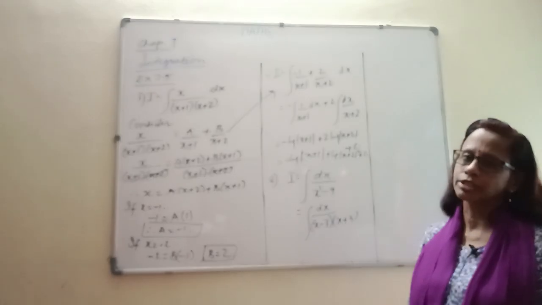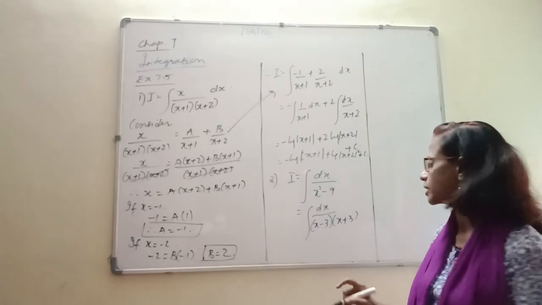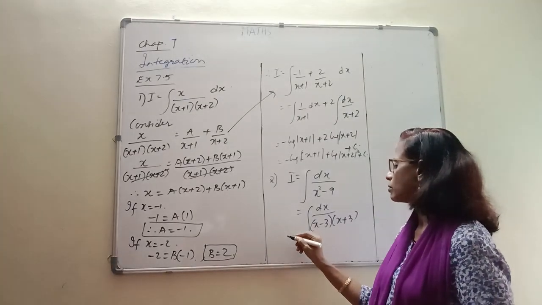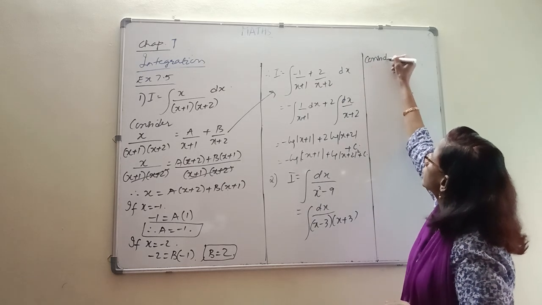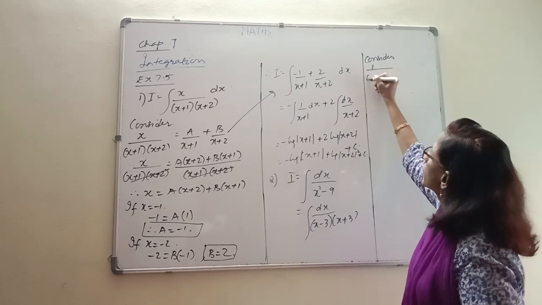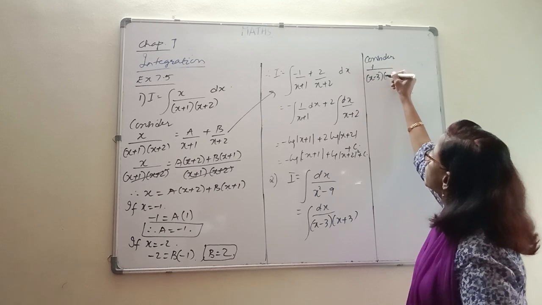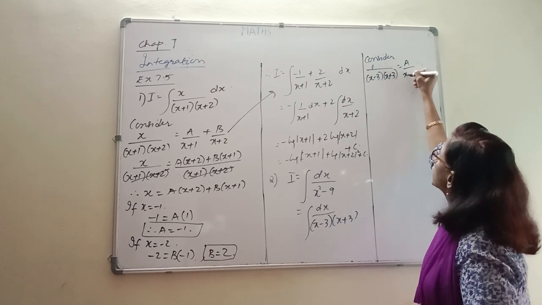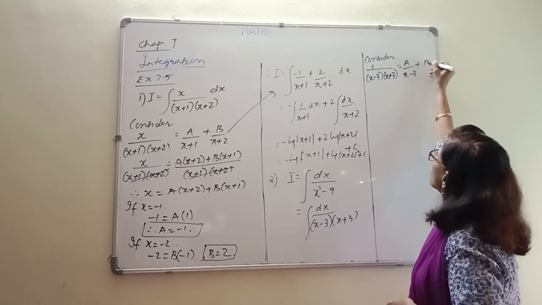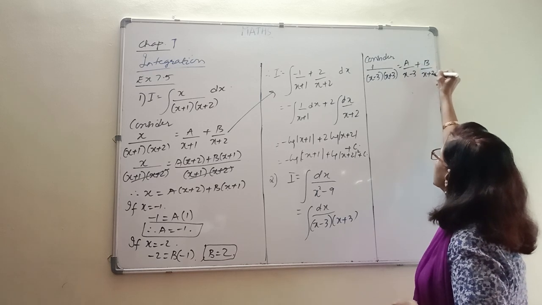Now if you have two linears in the denominator, then you have to make this substitution. So maybe let's consider 1 over x minus 3 and x plus 3. We have learned from the earlier one that if you have two linears in the denominator, then you can write a over the first and b over the second.